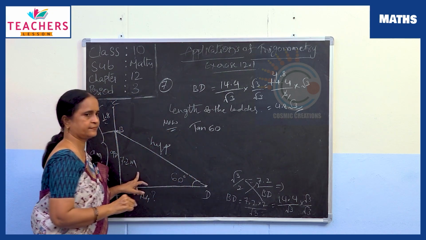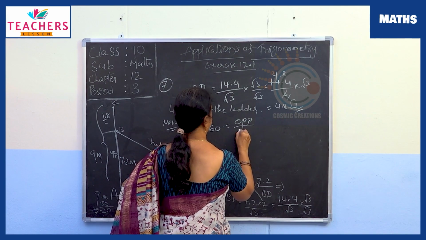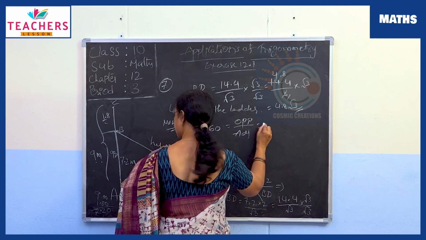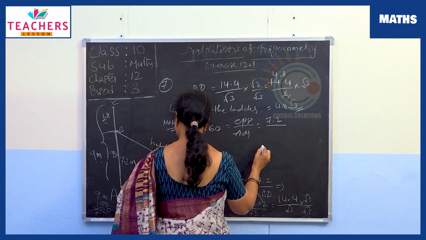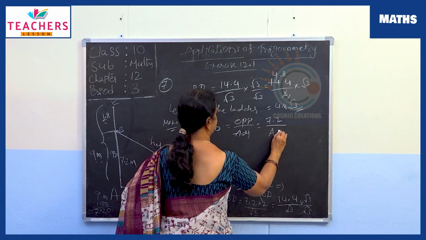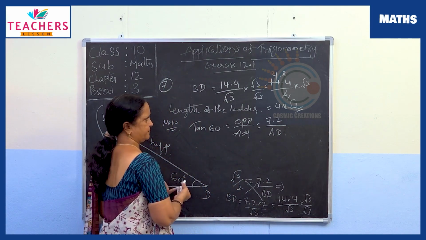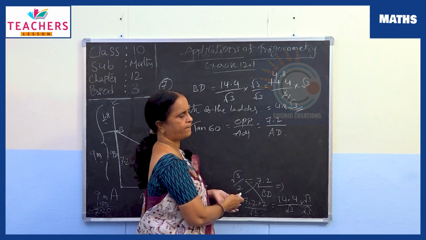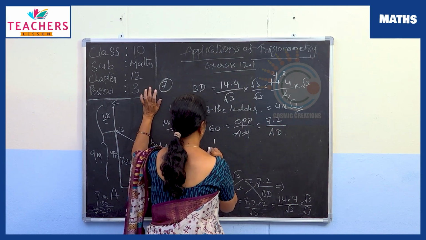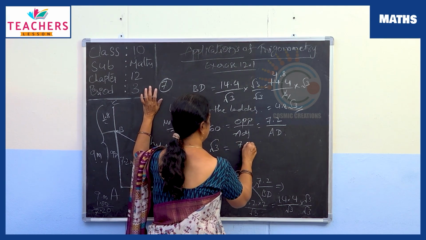Tan 60 is opposite by adjacent. Cos also we can use, as we know the hypotenuse, but I am using tan. What is the tan value? Tan 60 is root 3. Root 3 is equal to 7.2 by AD.